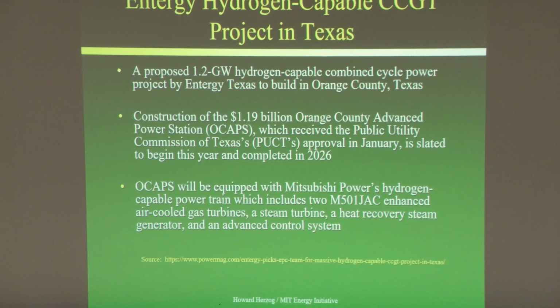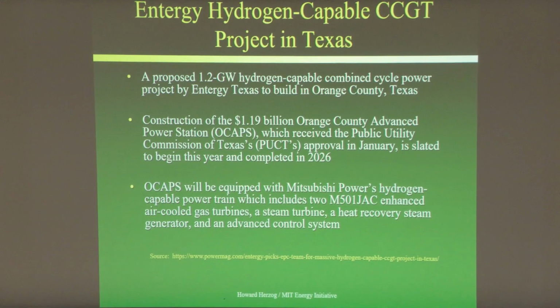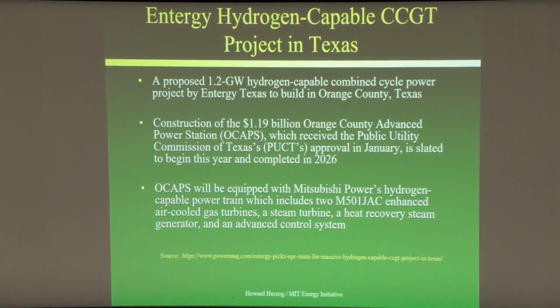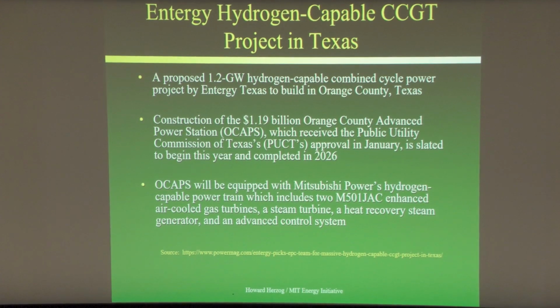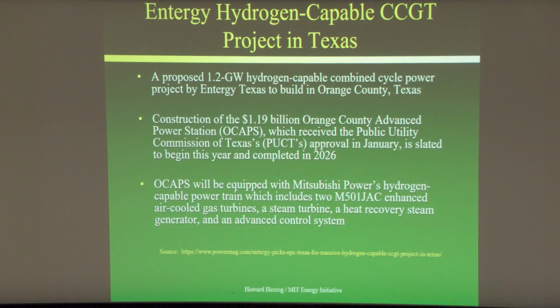There's also another project in Texas from Entergy. This is a 1.2 gigawatt hydrogen-capable combined cycle power plant in Texas. They have approval from the PUC and it is slated to begin this year and be completed in 2026.